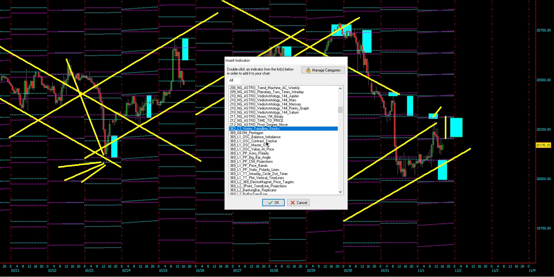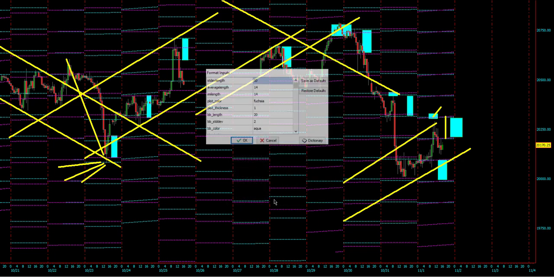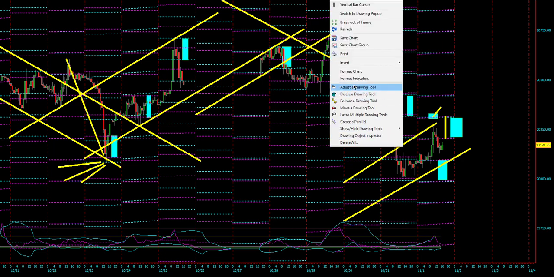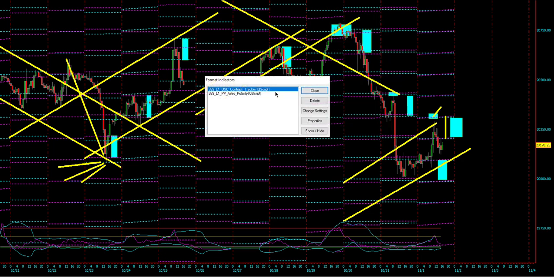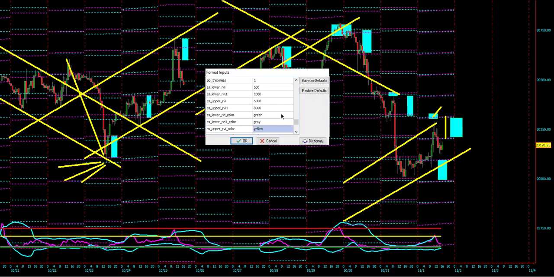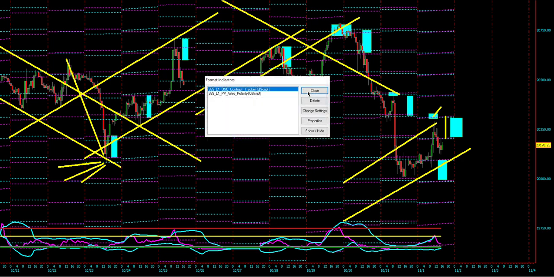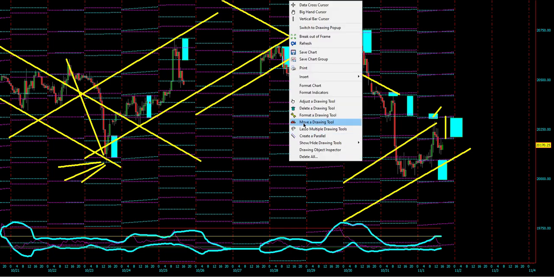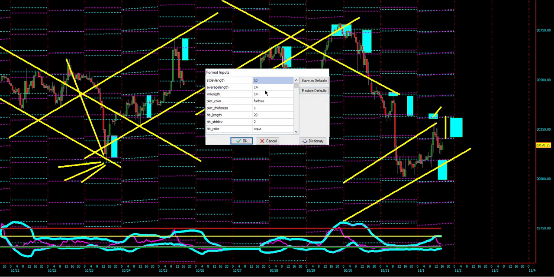let's do this one oscillator. Let's do contract tracker. Let's make this bigger. So we can see this. I apologize.